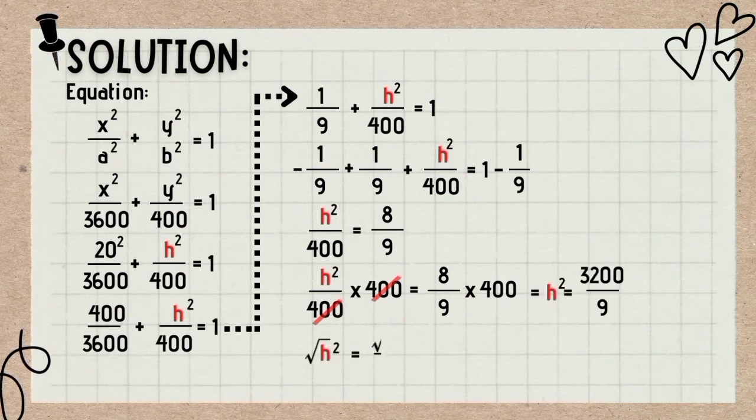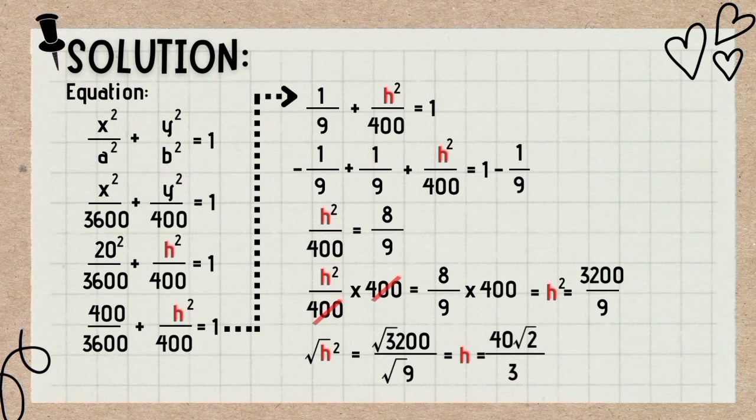Now, to get the final answer, the value of h, get the square root of both sides. So, the square root of h squared is equal to the square root of 3,200 over the square root of 9. Simplify and it will give us h is equal to 40 times the square root of 2 over 3.